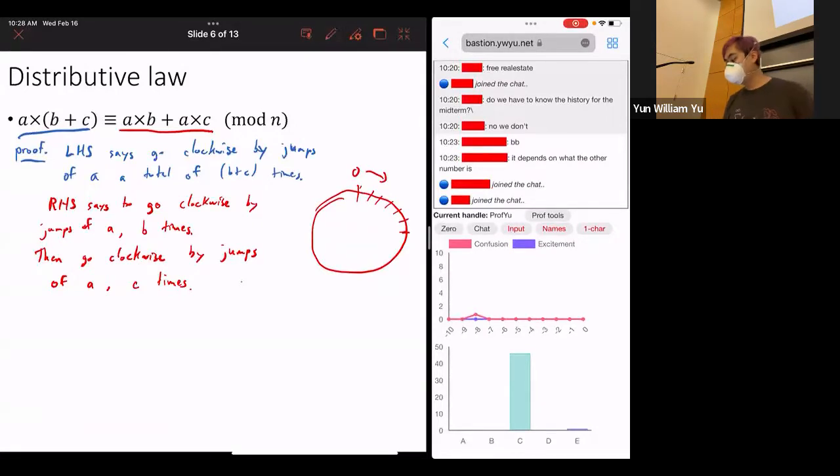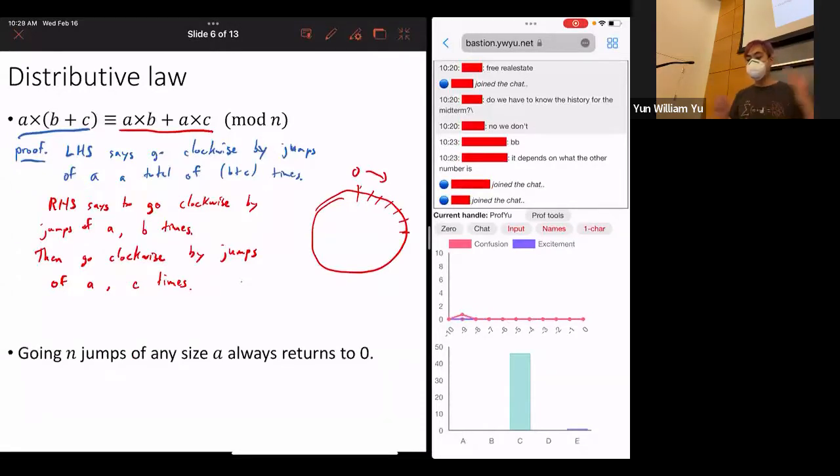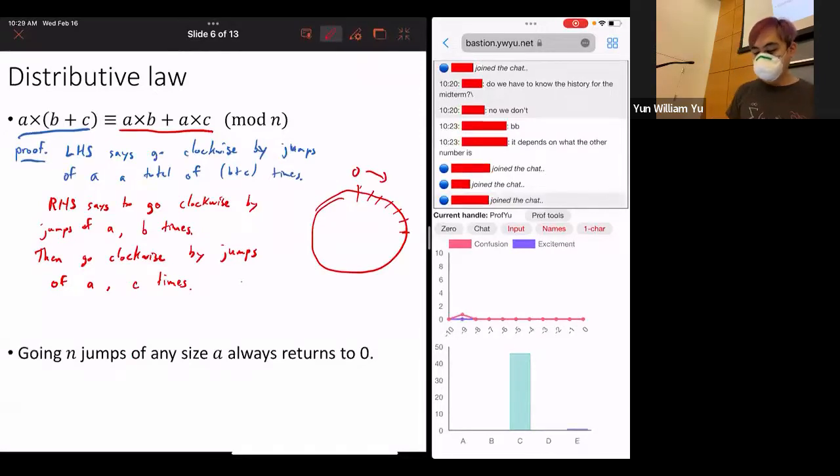And we also have another important fact. So if you're in mod n, going n jumps of any size a always returns to 0. And why is that? This is actually a consequence of the commutative property. But it's pretty easy to see directly.